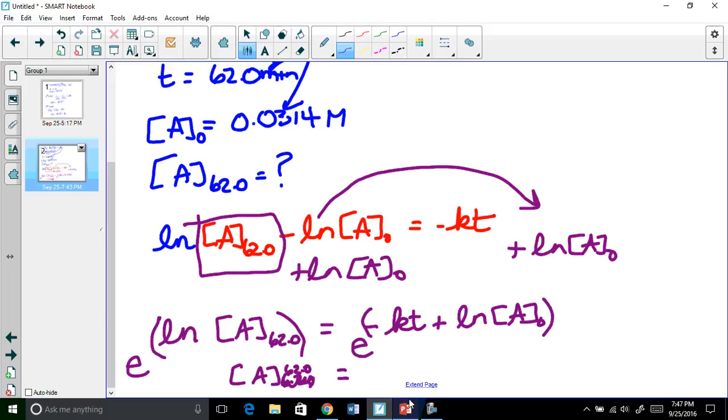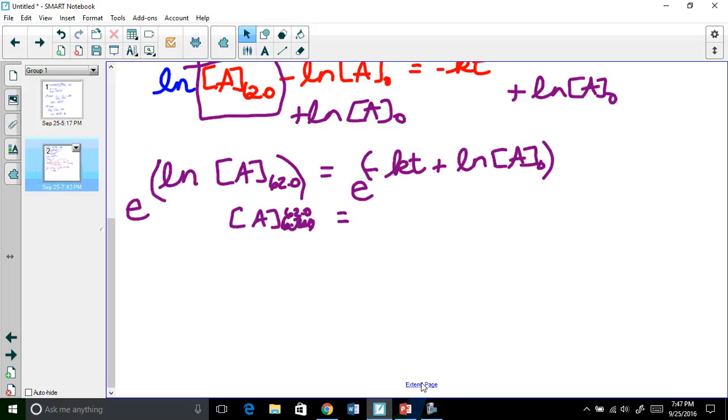And so extending this page, I think I can do that again. What we're going to do is we're going to take this equation, e to the, what's k? Negative.